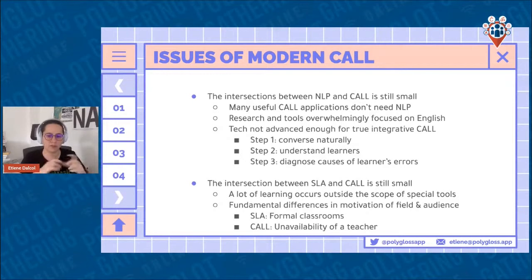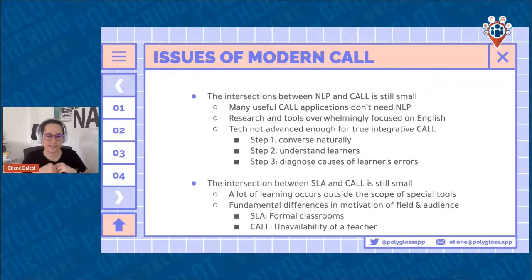One of them is that a lot of the learning, of course, as we know, happens outside of the scope of special tools. So for example, I have the whole of the internet to chat with people. I can read a book. I can watch some Netflix. I can knock on my neighbor's door and have a conversation, right? So there is a lot of learning that happens outside of some material that is specifically designed for learning.